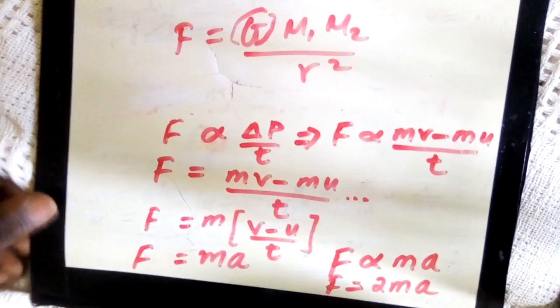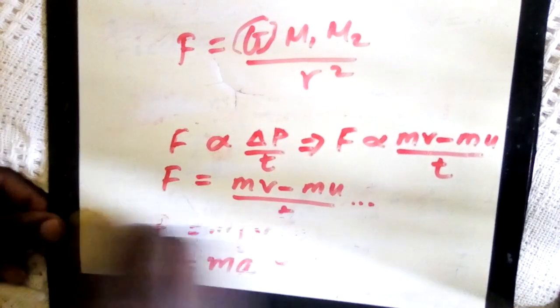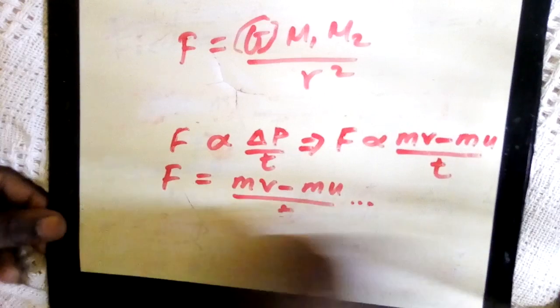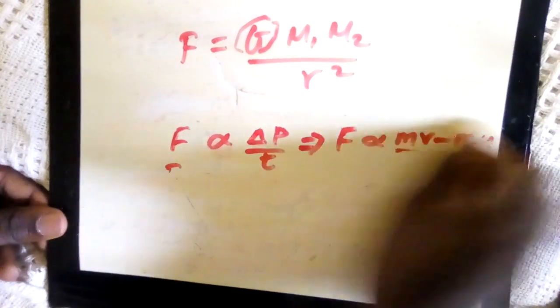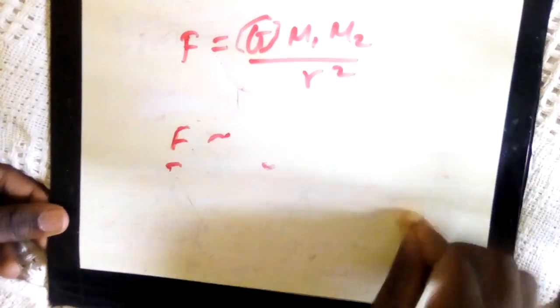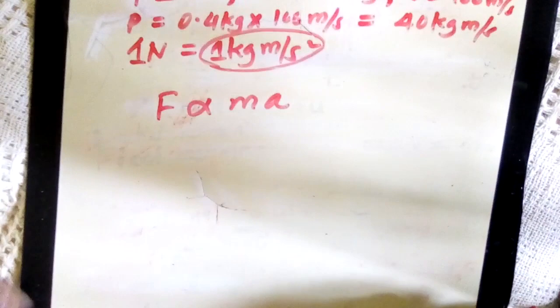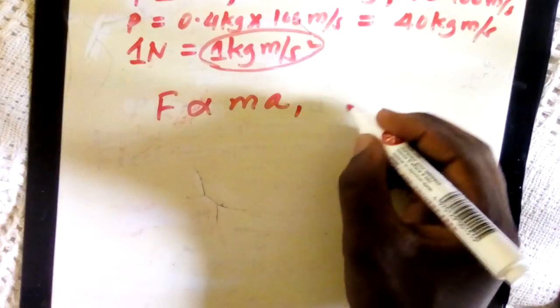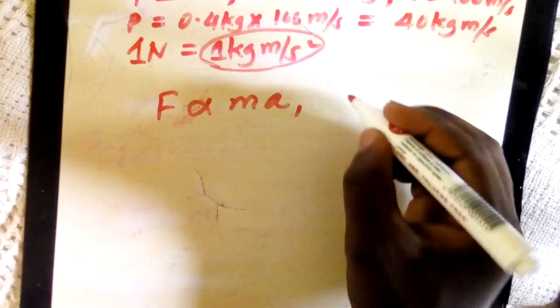Let me show you how this constant disappeared and why there is no constant. The constant is actually one, but how did it come to be one? This is what I'm going to show you right now. We know that F is proportional to mass multiplied by acceleration. Now let's assume that we have a unit force.